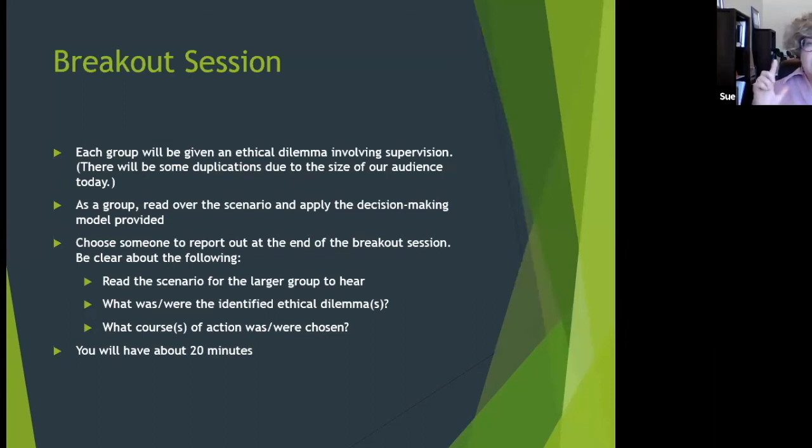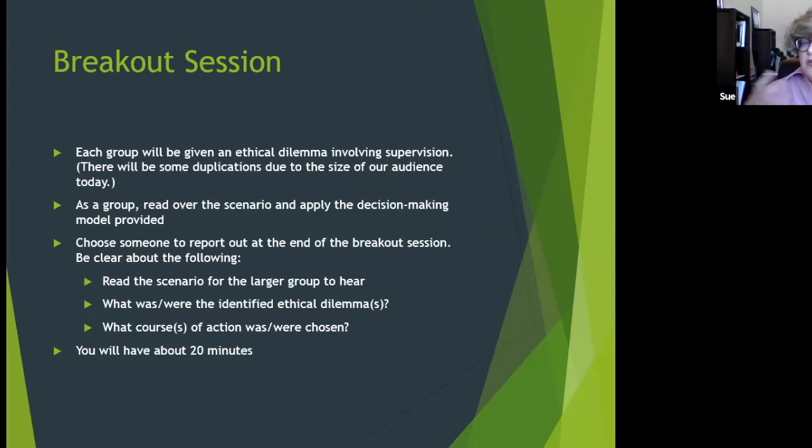What's going to happen is I'm actually going to read out the ethical scenarios, because we couldn't quite figure out how to get each group an ethical scenario in this format. So I'm going to read them out. Take notes on each one just so you have a flavor for what the scenario is asking for.